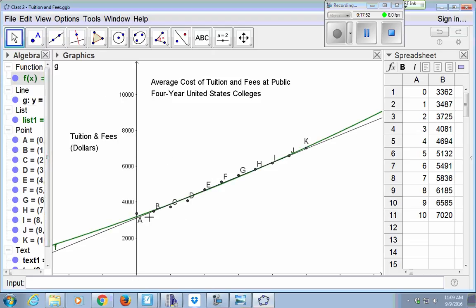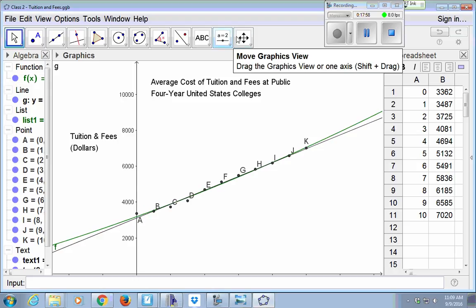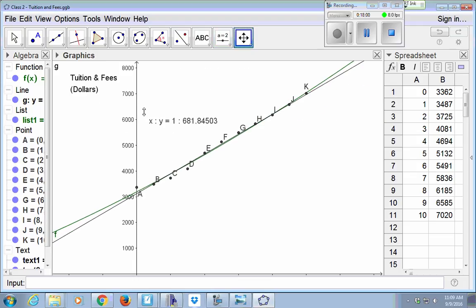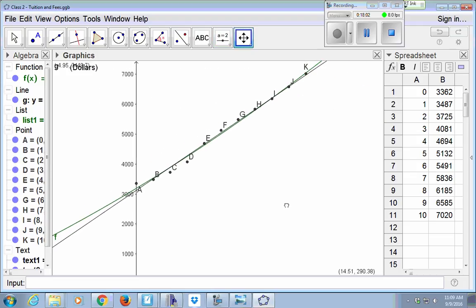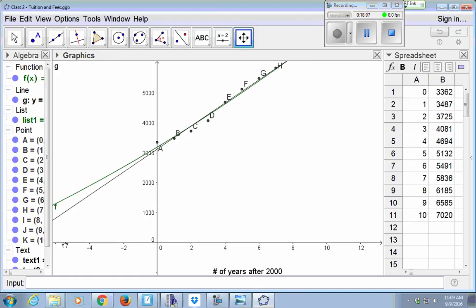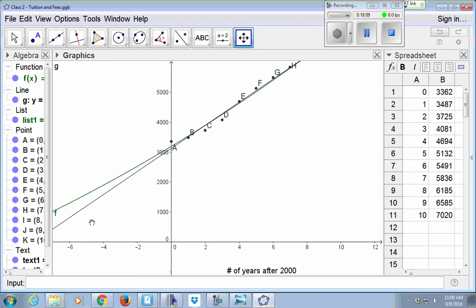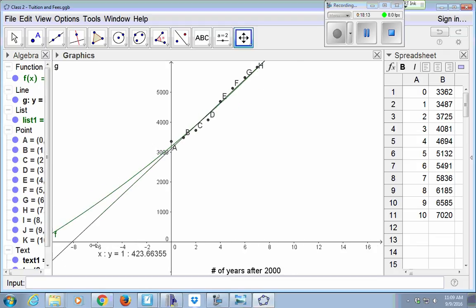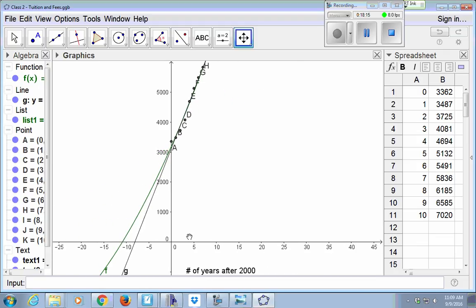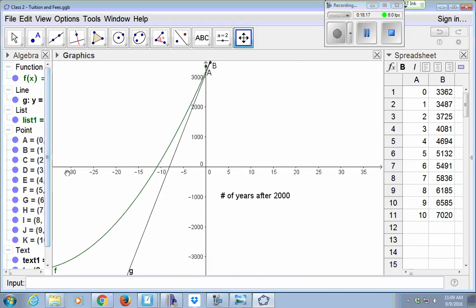Not too bad. In fact, that green line is actually, it's not cheating. Someone say it was cheating? The green line is actually a little closer to all those points than the straight line, isn't it? So let me show you what this looks like, how it's a parabola. Notice how I'm grabbing this 4-way arrow and moving my axes, and moving that all about. And there's your parabola right there.